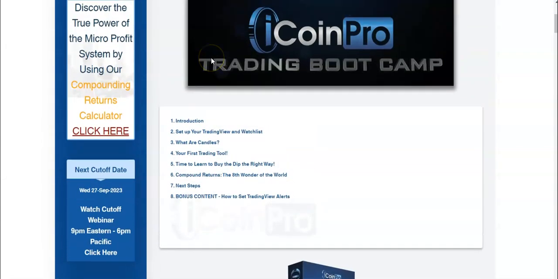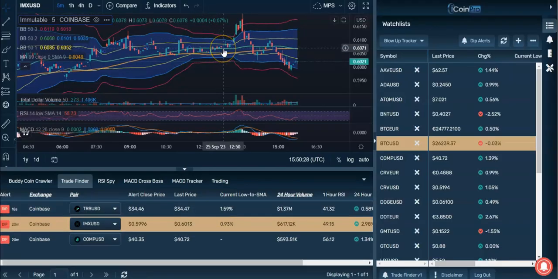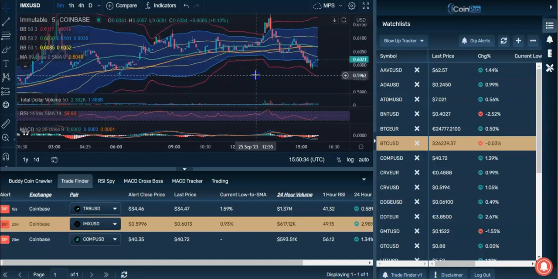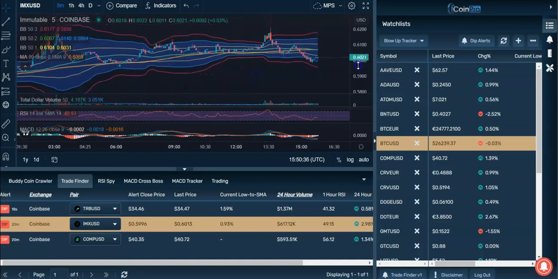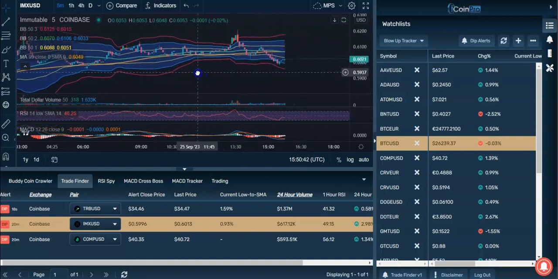So you can learn a 97% win rate trade style right here for free, and then you can practice right here, and then you can actually practice on the portal as well if you want. So that's what's really powerful. You practice on Binance or Coinbase, and then it keeps track on the portal. But anyways, this is what I like to use it for.